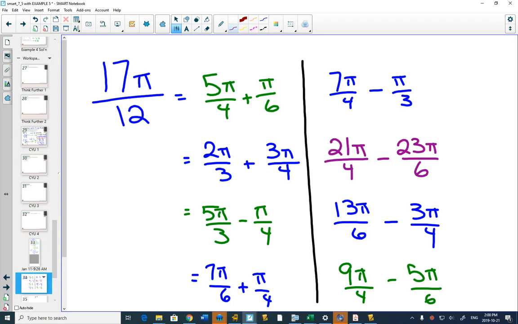What happens every single time we try to get a pi over 12? You see anything in common with all 8 of those?